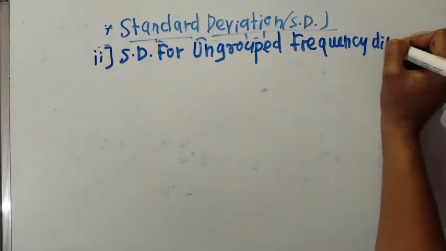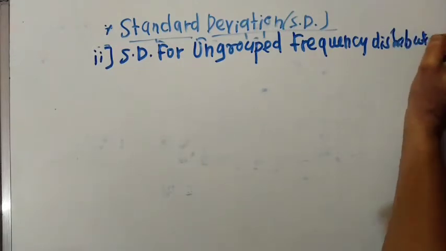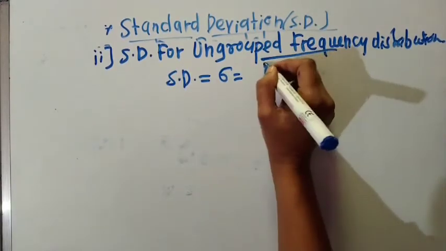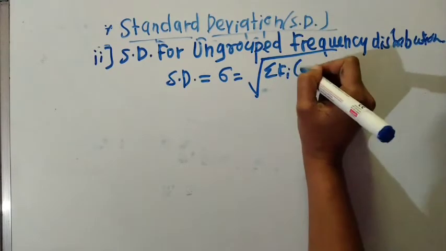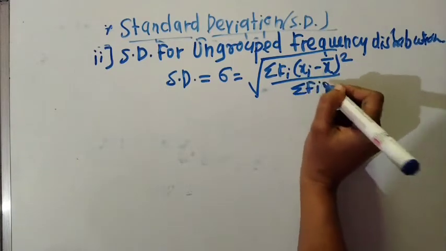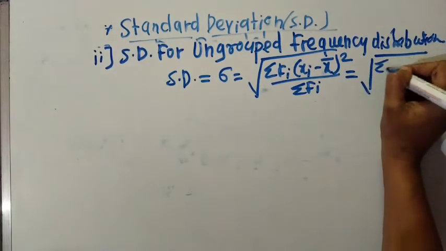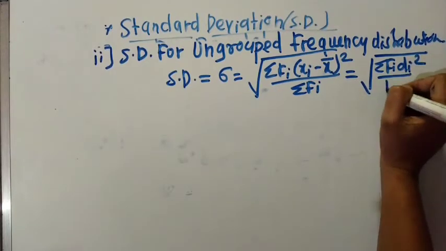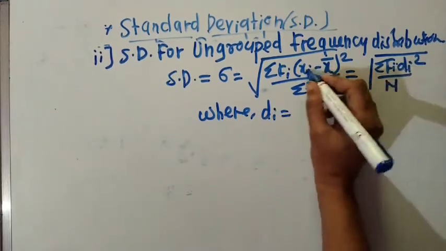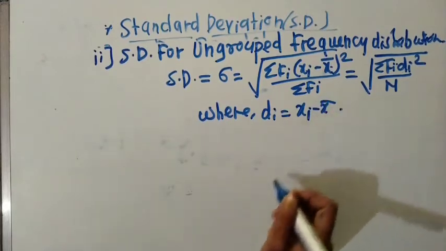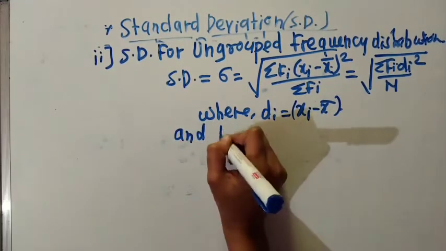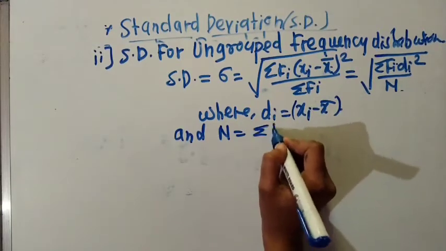Standard deviation for ungrouped data, sigma is equal to root of summation of fi xi minus x bar square upon summation of fi, is equal to root of summation of fi into di square upon n, where di is equal to xi minus x bar, and n is equal to summation of fi.